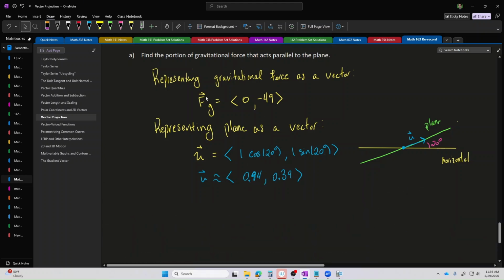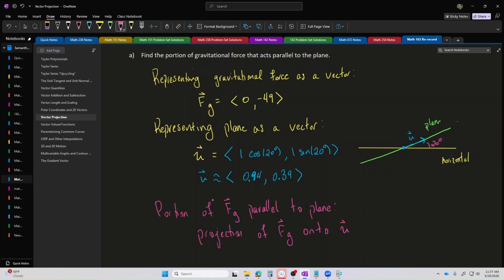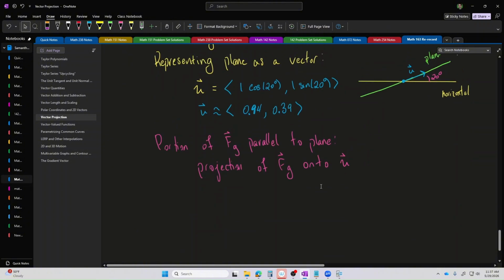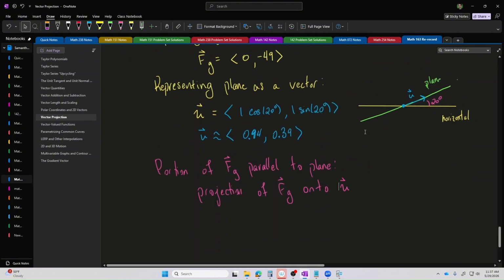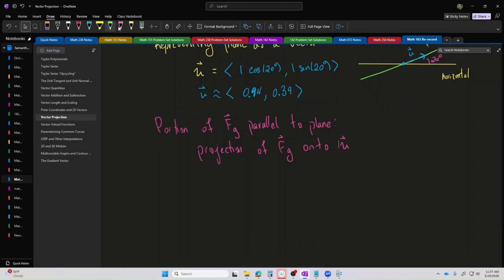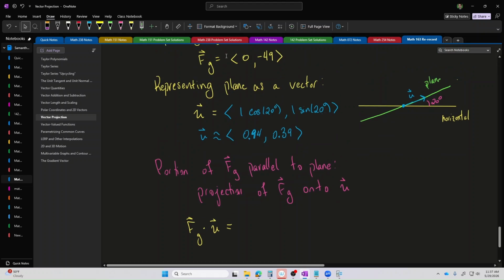I'm going to project the vector f onto the vector u. That will give me the portion of the force that's parallel to the vector and in turn is parallel to the plane. So using the formula, F dot U, that dot product based on these components would be equal to negative 49 times 0.39, because the x components would vanish because of the 0 here.